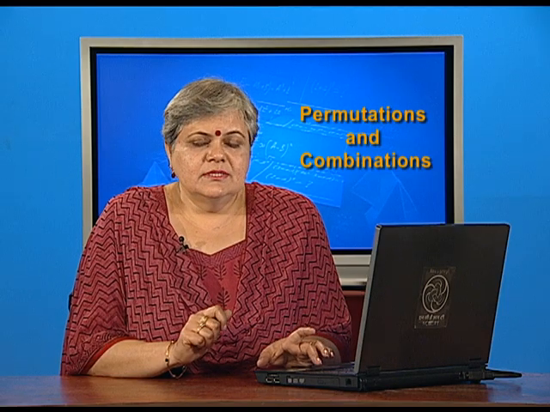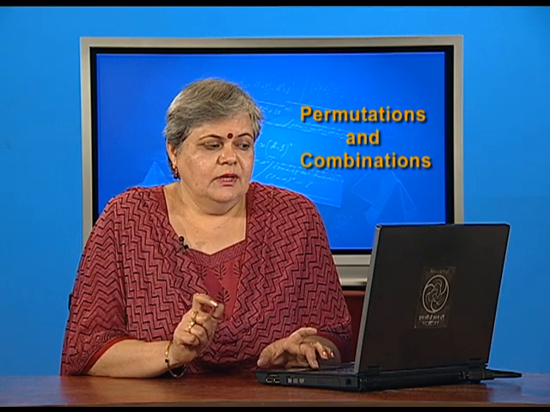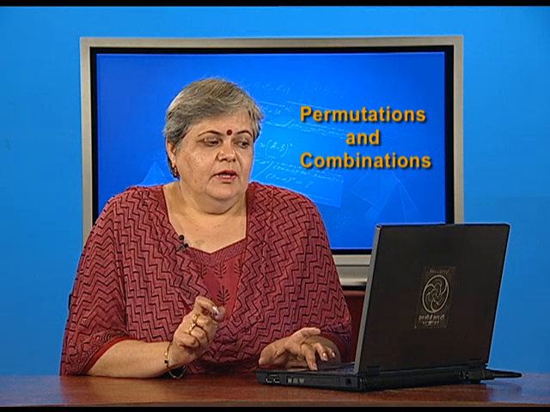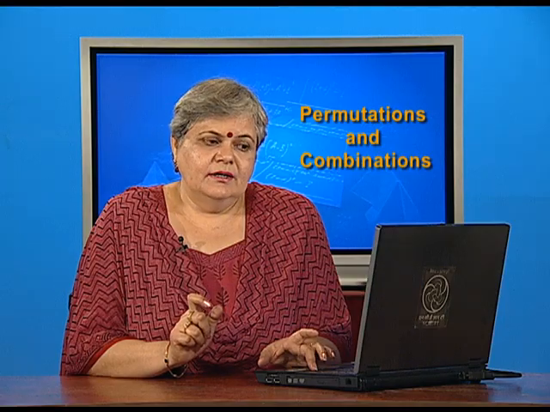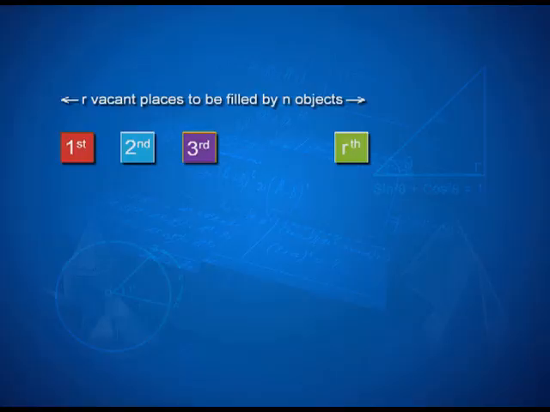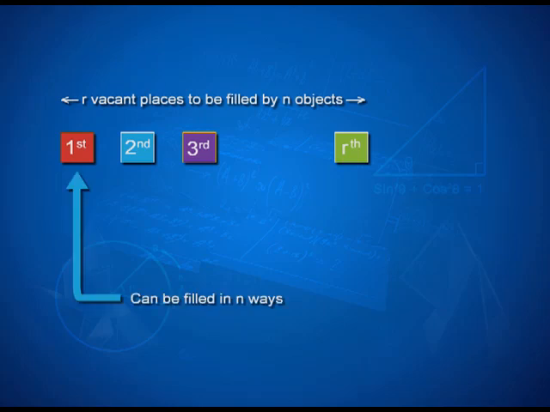Now, where is this result coming from? A quick look at that. We are looking at arranging n different objects taken r at a time. So, I can think of it as r places to be filled by n objects. And so, if I start with the first place, I have n ways of filling it up.